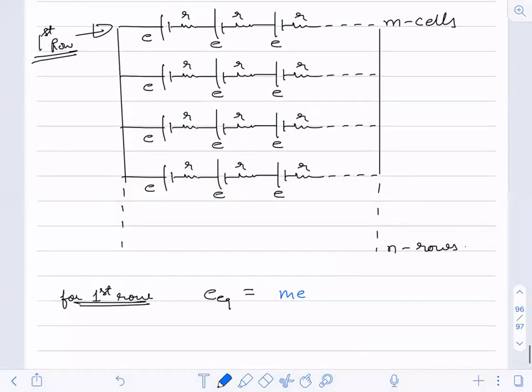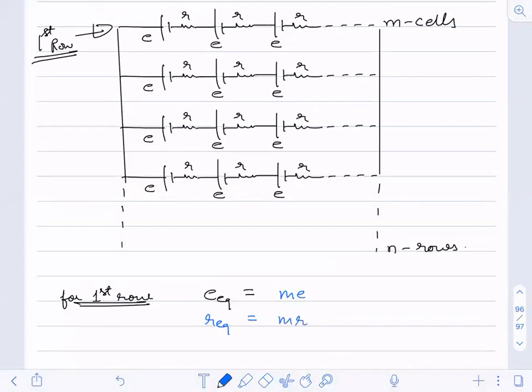What is the equivalent resistance for the first row? Are they all connected in series or in parallel? MR. Very good.